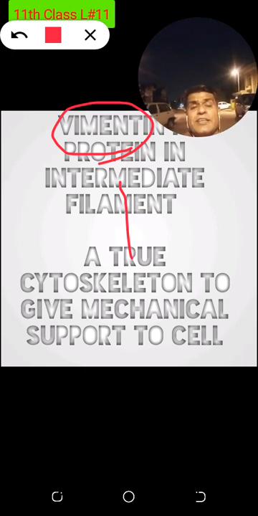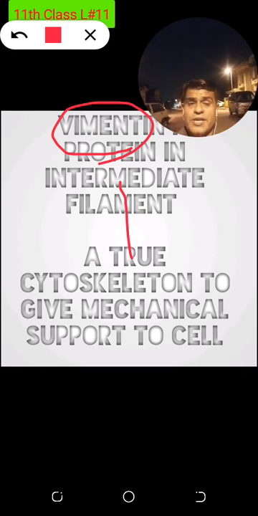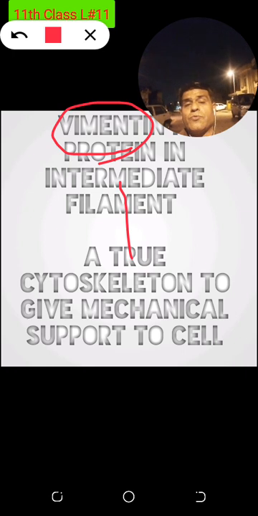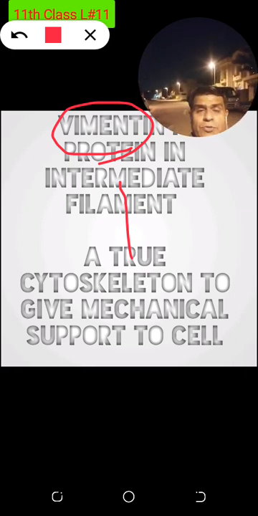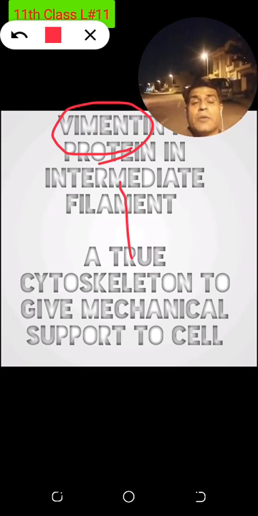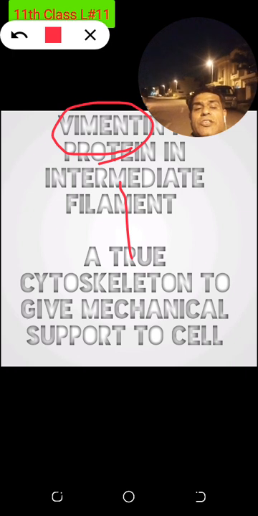So why is this third type of cytoskeleton called intermediate filament? The reason is that the size of intermediate filament is between microtubule and microfilament. Still we are confused. What is the function of microfilament? We forgot in the last lecture. Microfilament, actin and myosin, is present in the muscle cell.